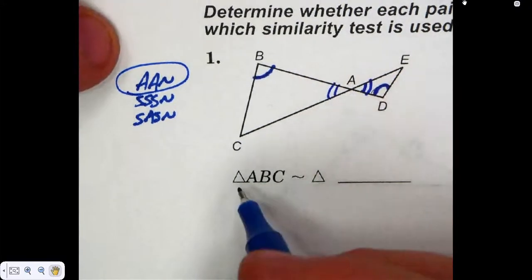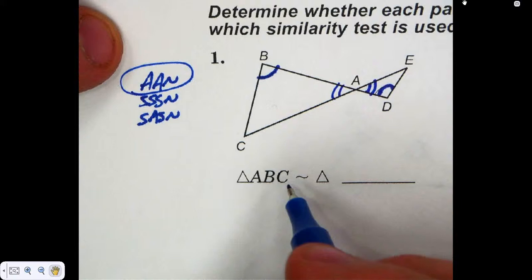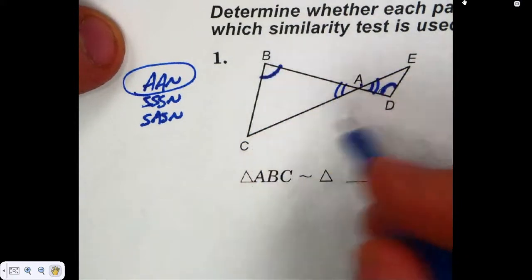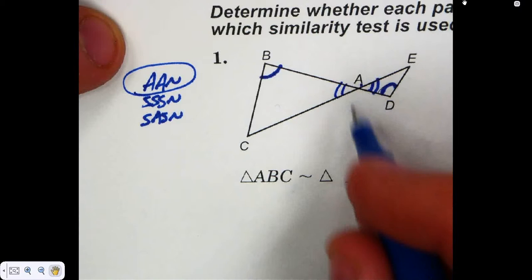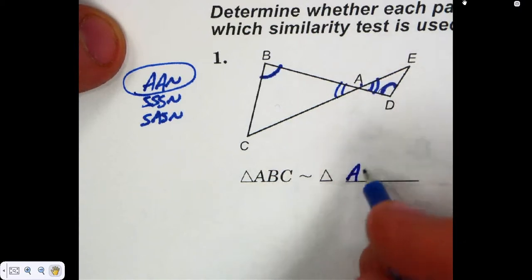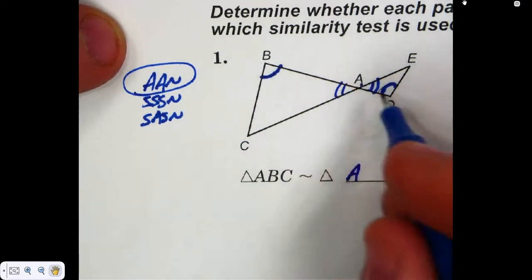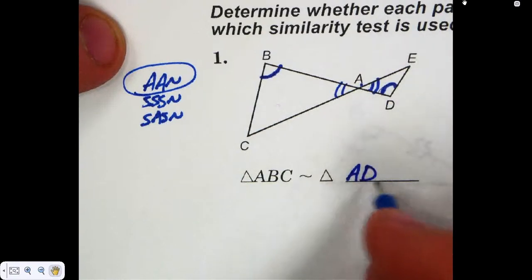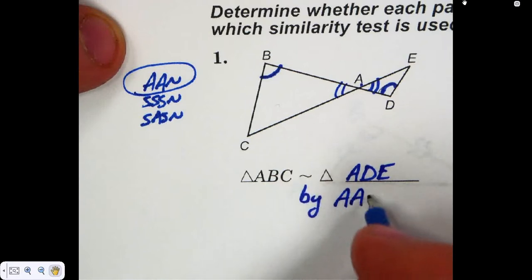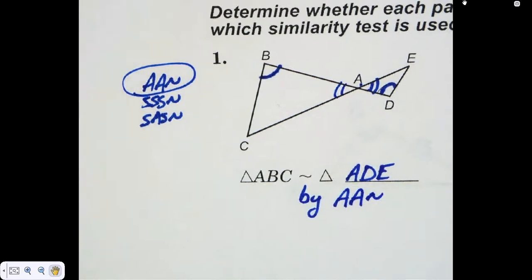So triangle ABC, A, then to B, then to C, would be similar to triangle, well, A corresponds to A, so it would be A, but instead of going to B, I would go to D, it has to be written in corresponding order, E. And then underneath here, I want you to write by angle-angle similarity. Okay?